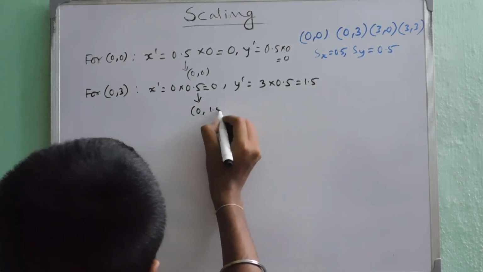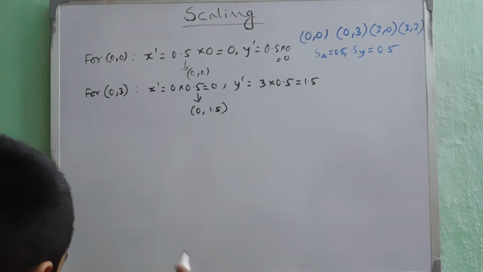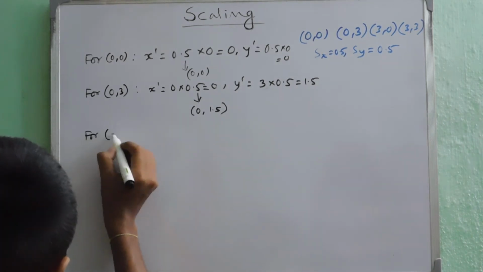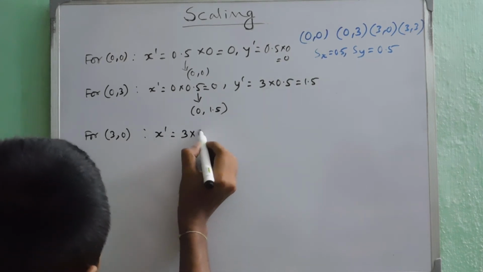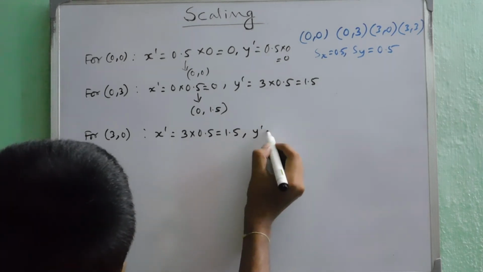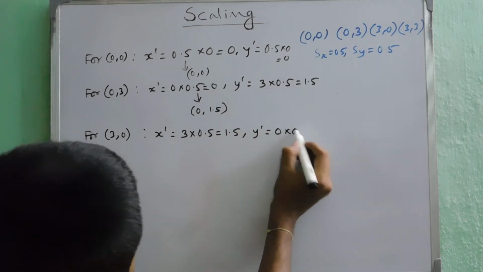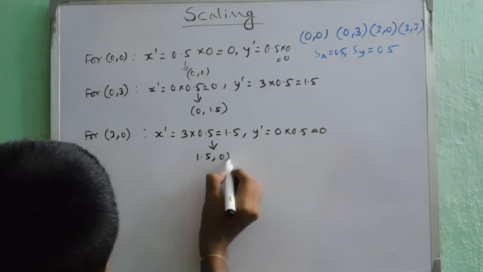Then for 3,0, x dash equals to 3 into 0.5, that is 1.5, and y dash is 0 into 0.5, that is 0. So our new coordinate is 1.5,0.